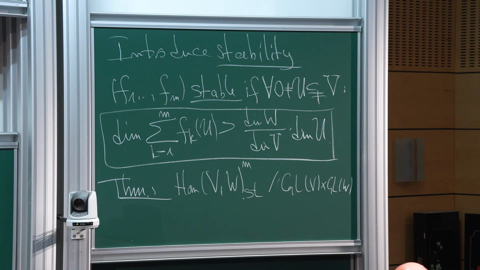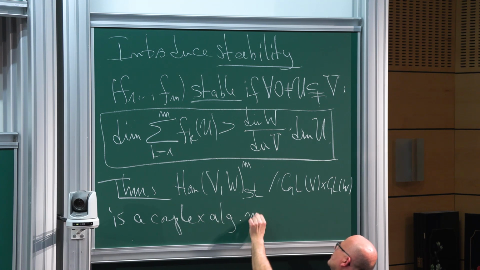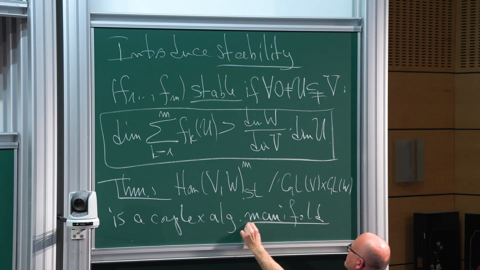So we just take the quotient topology on the set of orbits, and this has a natural structure of a complex algebraic manifold.